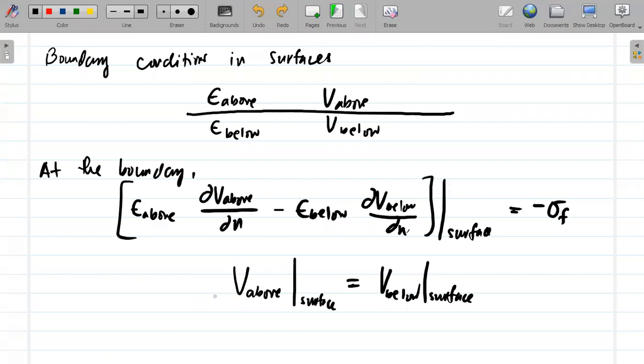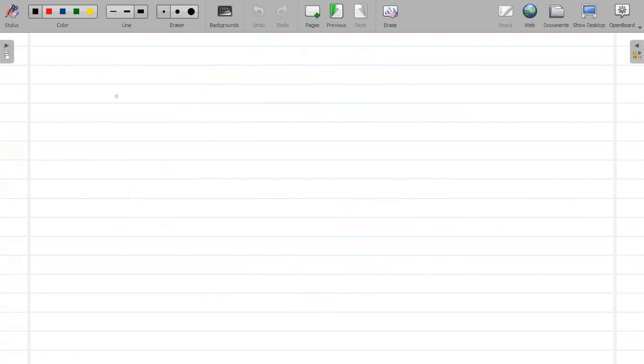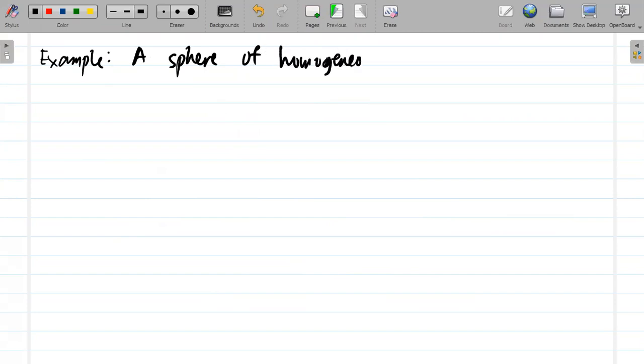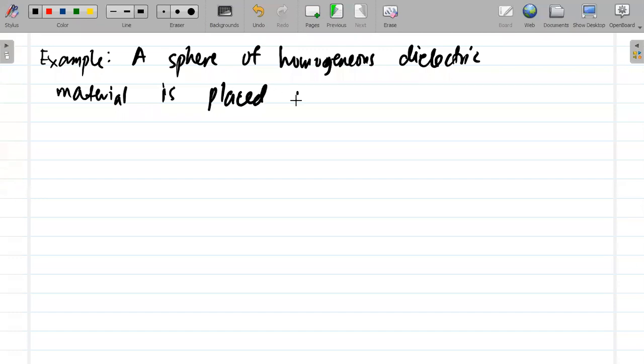Sige, example tayo. Suppose, sphere ulit. So, a sphere of homogeneous dielectric material is placed in a uniform field.